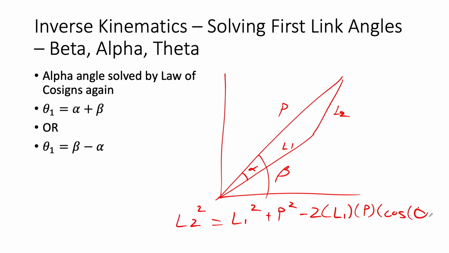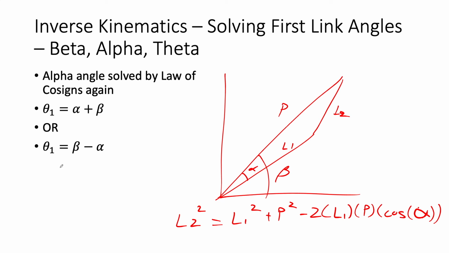Okay, so from that we can solve what our alpha angle is because we know everything else, right? We started out knowing L1 and L2, we found P, so we're fine.